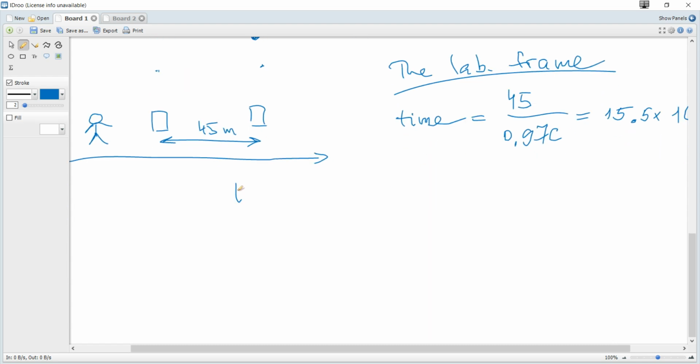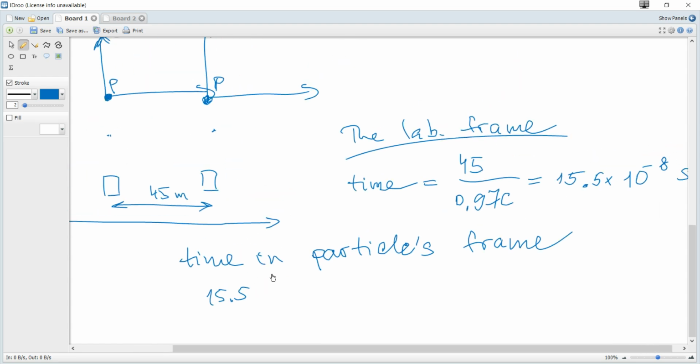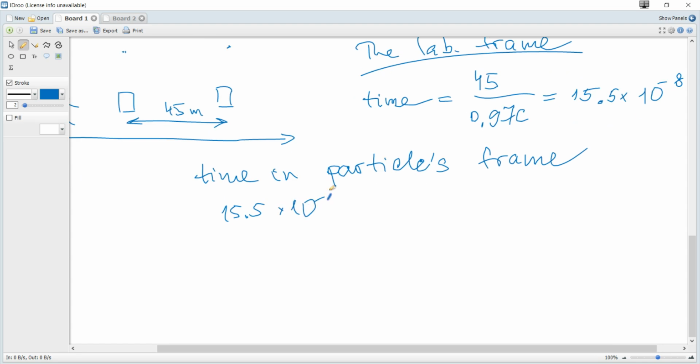So the time in the particle's frame will be 15.5 times 10 to negative 8 divided by gamma. Gamma is 1 over root 1 minus v squared over c squared, and it's always greater than 1.